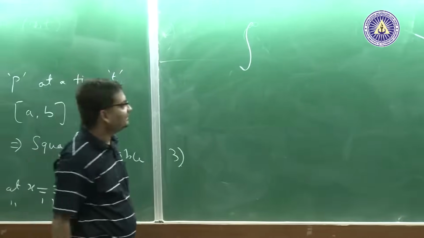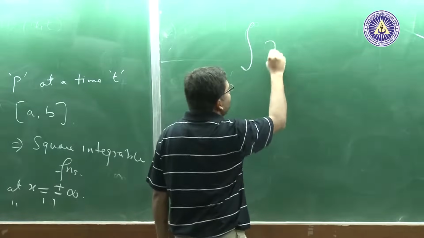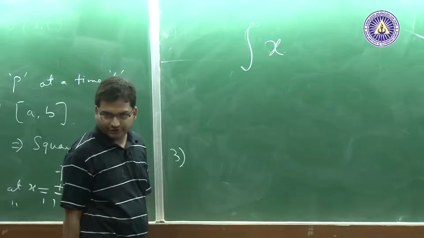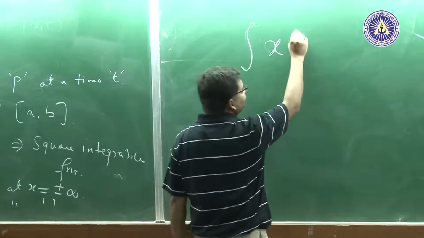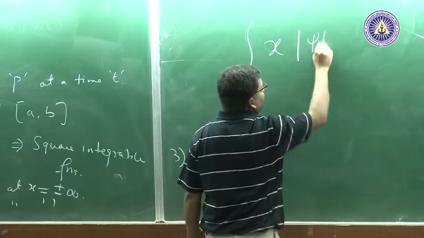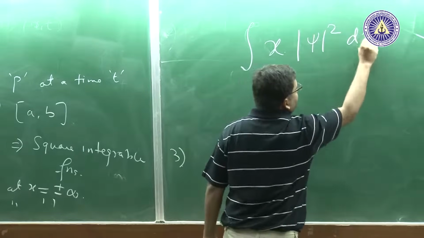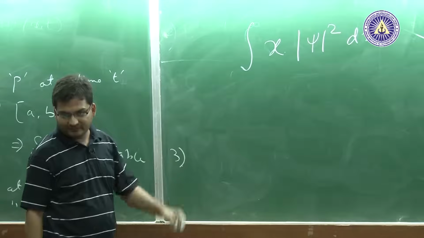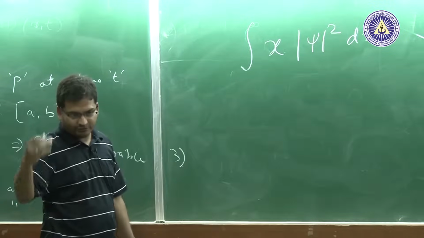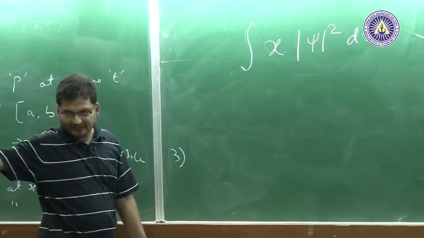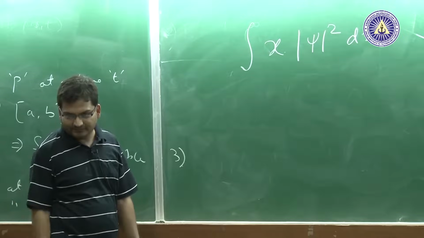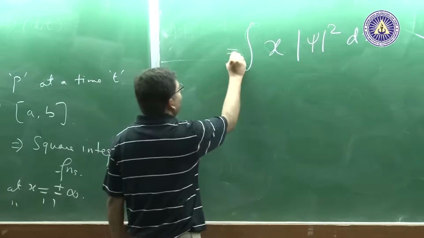I have to define something like the variable times the probability distribution function, and if I sum over all of these probabilities, I will get the expectation value of the position of the particle.